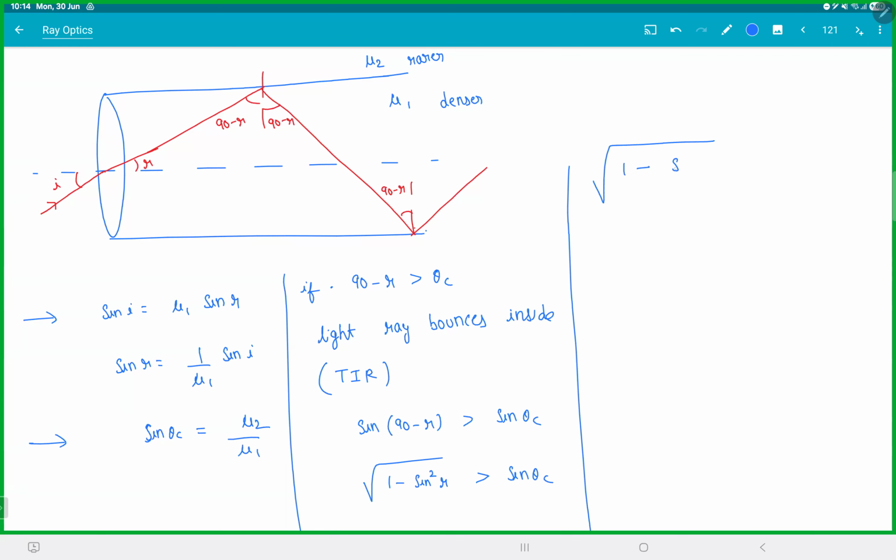Sin r is nothing but sin i by mu1, so 1 minus sin square i by mu1 square is greater than sin square theta critical. You simplify this, you end up with i equal to sin inverse of root over mu1 square minus mu2 square. There. That's your condition for the light ray to bounce inside.